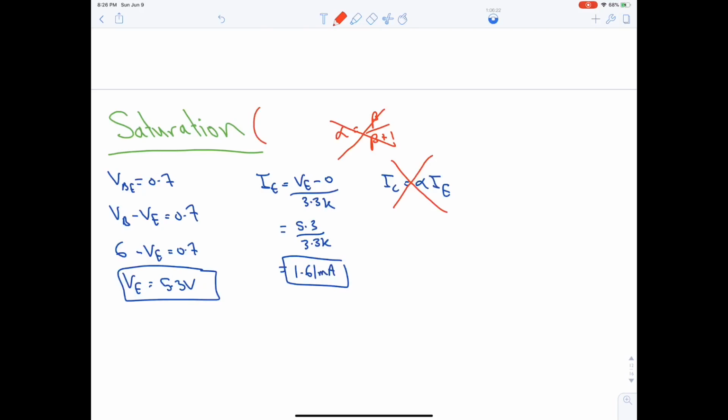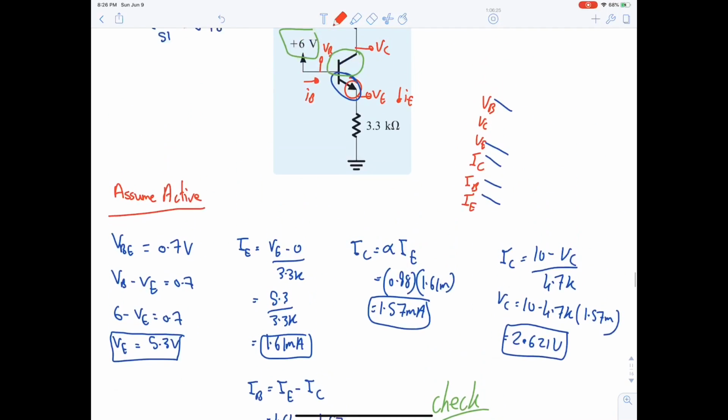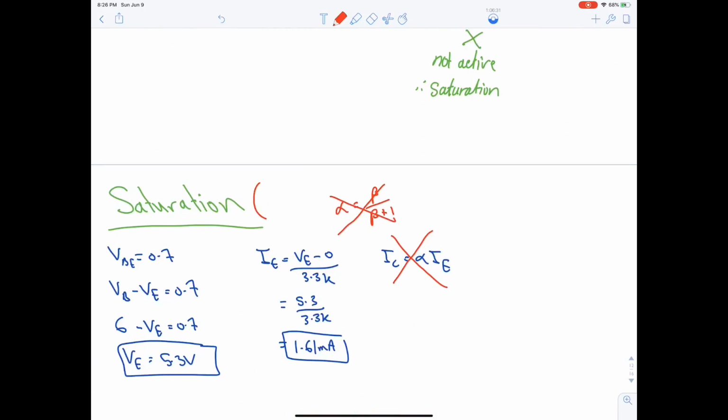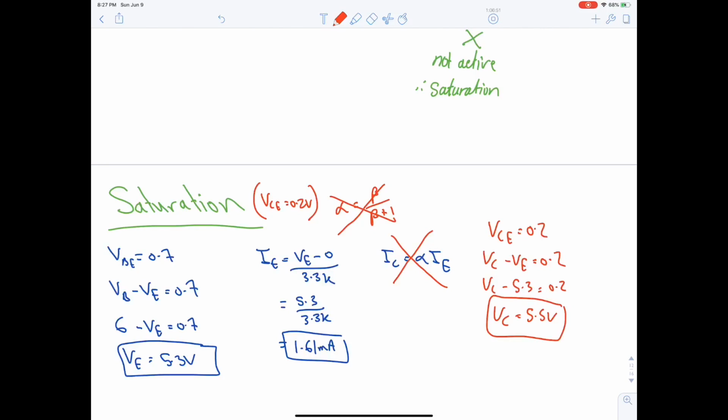In saturation, we know that this terminal has a constant value, VCE. VCE in saturation is equal to 0.2 volt, right? So we will say VCE is equal to 0.2. We just found VE, so VC is equal to 5.5 volt.